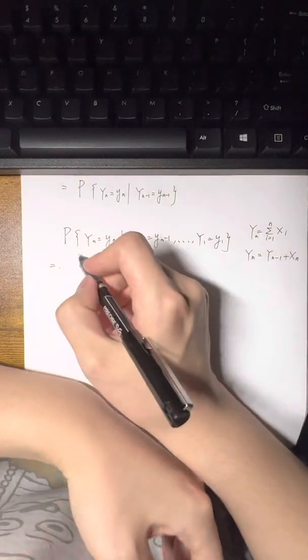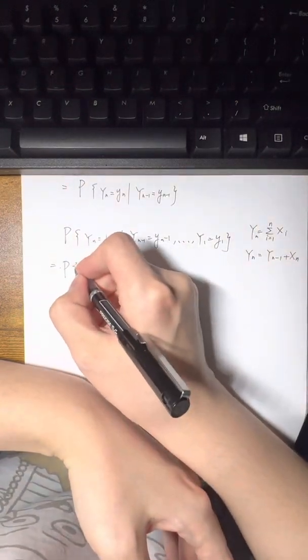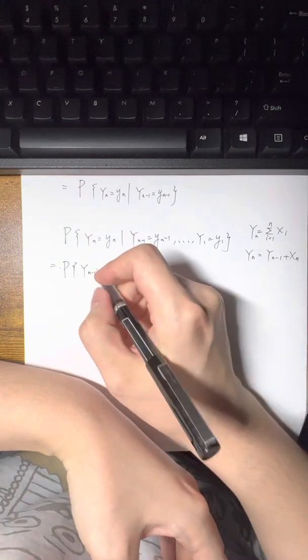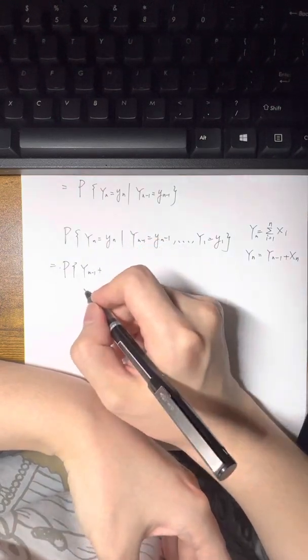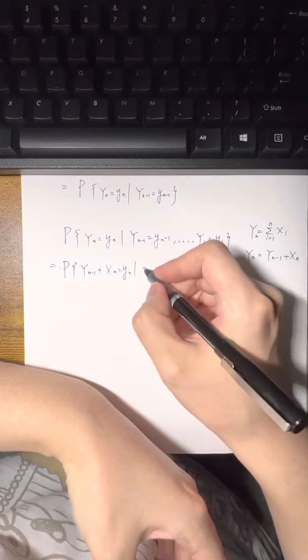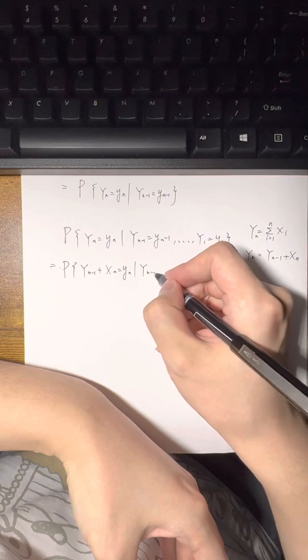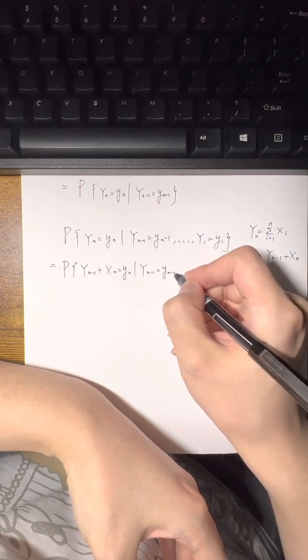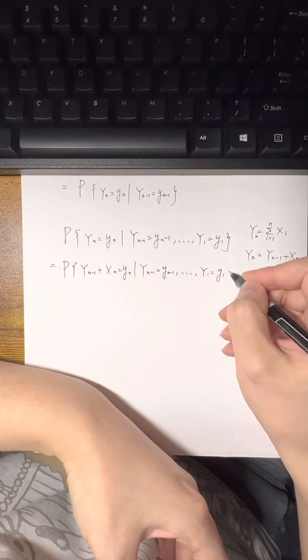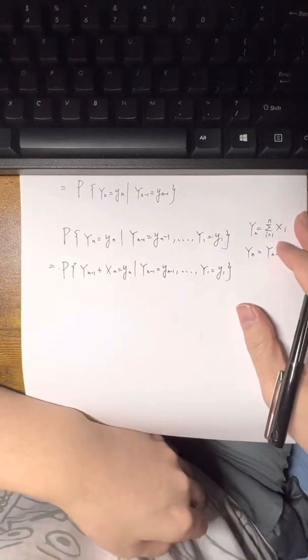So this part we could write as the probability that yn minus 1 plus xn equals yn, given that yn minus 1 equals yn minus 1, ..., y1 equals y1.